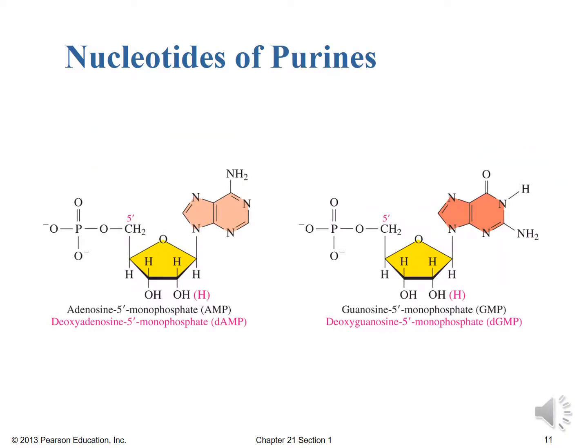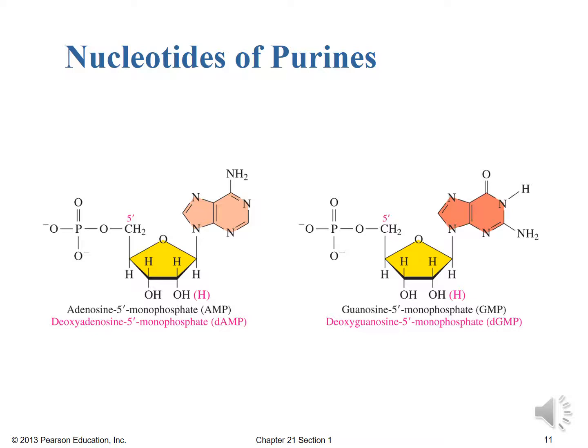So here we see the nucleotides of the purines. Depending again, if we have in black the adenosine 5 prime monophosphate AMP, or if you notice along the bottom there of that ring, the OH group that comes off of that ring position, there's in parentheses just a plain H, that's our deoxyribose, right? Replacing that OH with an H goes from ribose to deoxyribose, so therefore in the pink text we have deoxyadenosine 5 prime monophosphate, or dAMP.